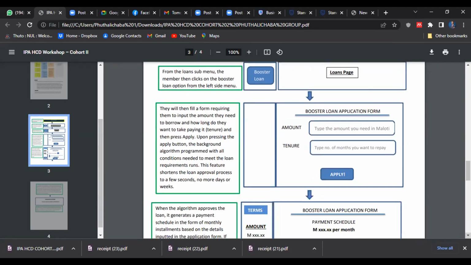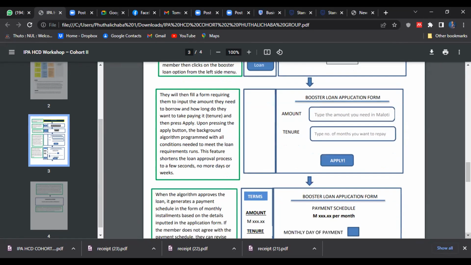It's true that from their own account, they can see how much they have saved so far, and the terms and conditions, which will be the same for everyone, will tell you that you can only borrow as much as 3 times, or this many times, your monthly savings.